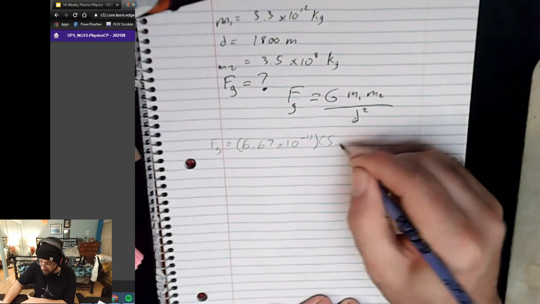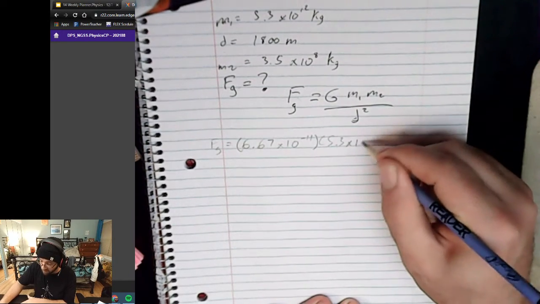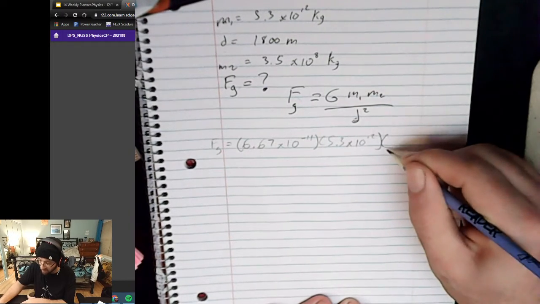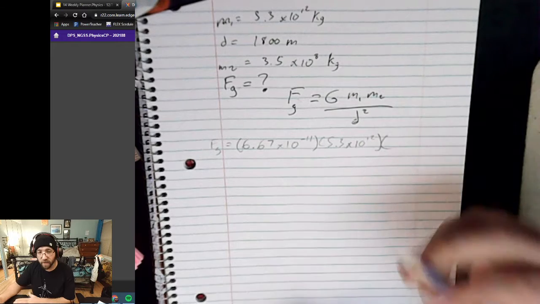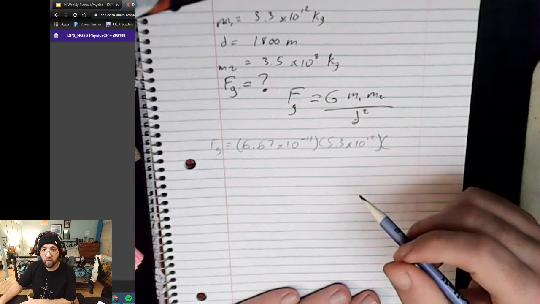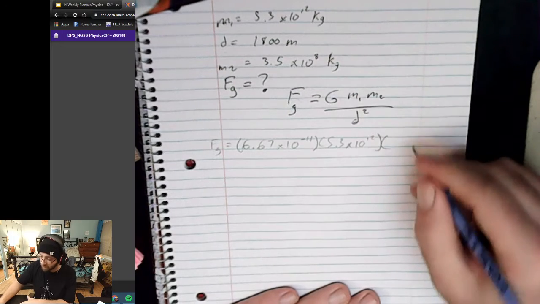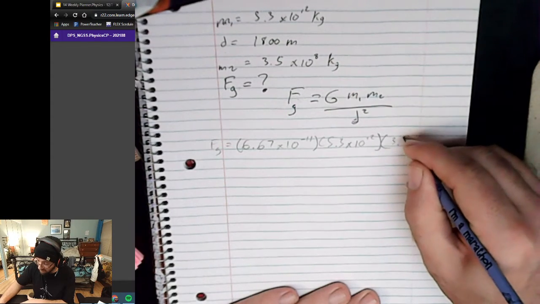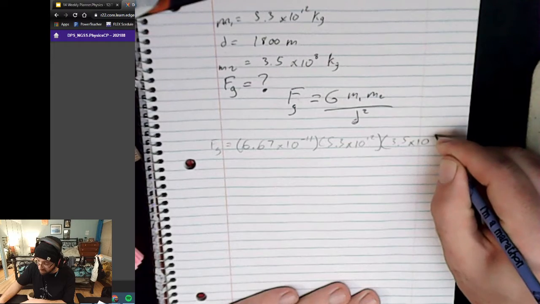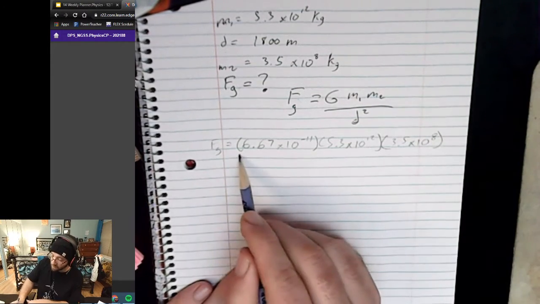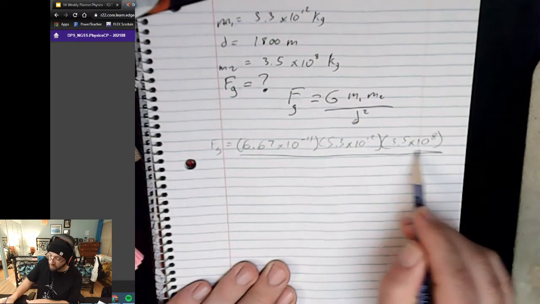So M1, 5.3 times 10 to the 12th. I'm leaving units out. There's so much writing with this. I know it's bad practice, but we're focused on calculation right now. And M2 is 3.5 times 10 to the 8th power. So that's the top of this fraction, and then here's the fraction bar.